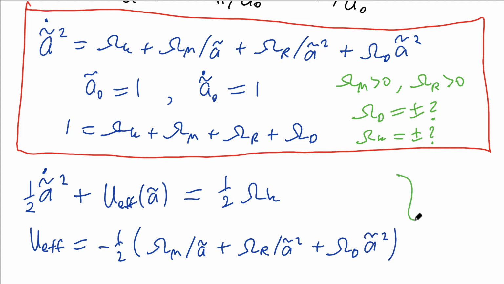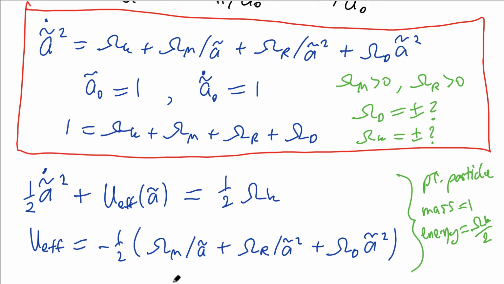Written in this way, the Friedmann equation looks like the equation for a point particle moving in one dimension with coordinate a tilde in the potential U effective, so the particle has mass equal to 1 and energy equal to omega k over 2.